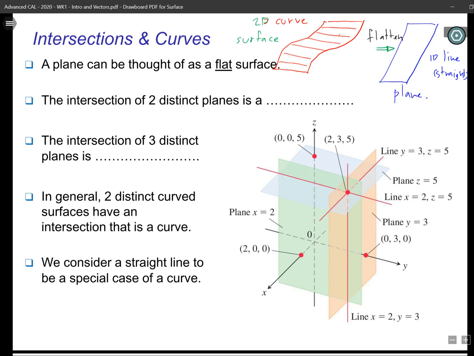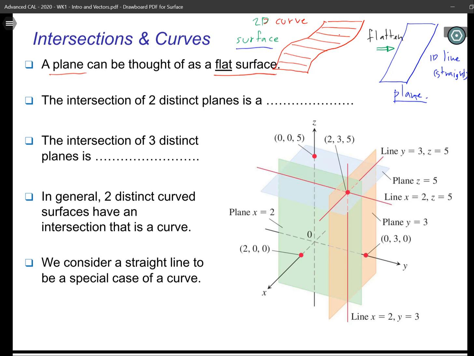So that is the first point I want to make. A plane right here is a surface when it's flat. So that corresponds to the first bullet here. A plane is a flat surface. Well, plane can also mean a vehicle that can fly, but in this case, it's a flat surface, like a flat piece of paper lying on a table.